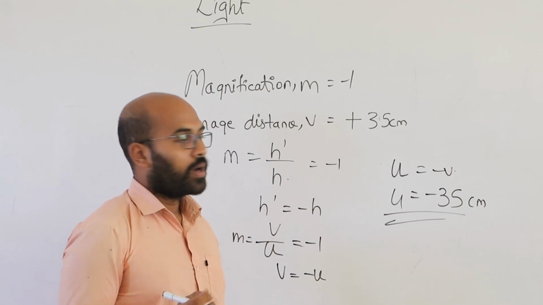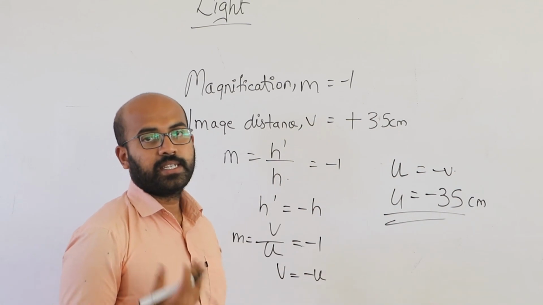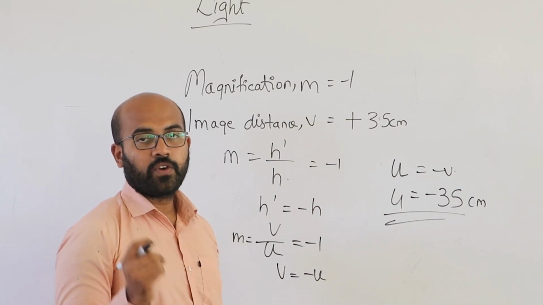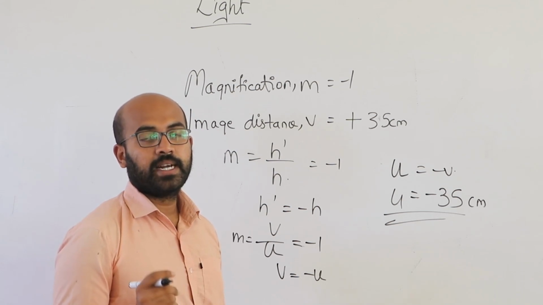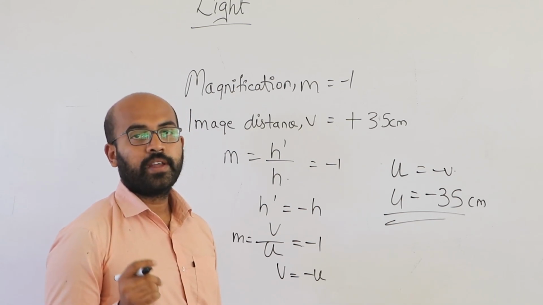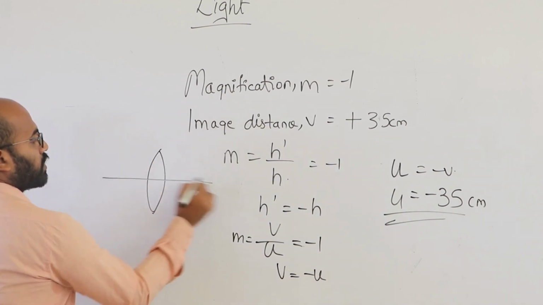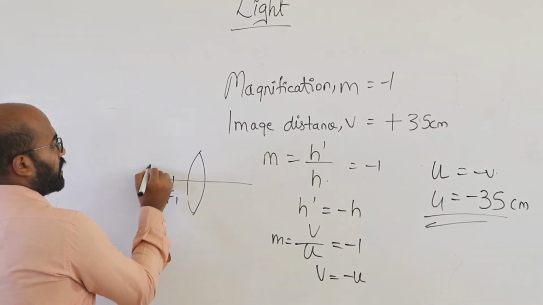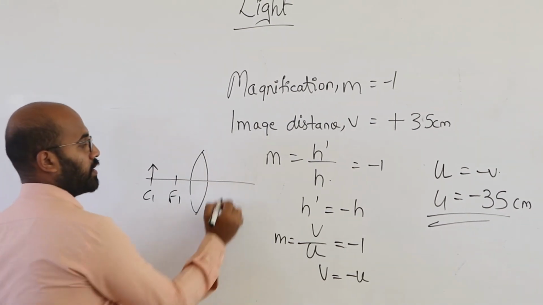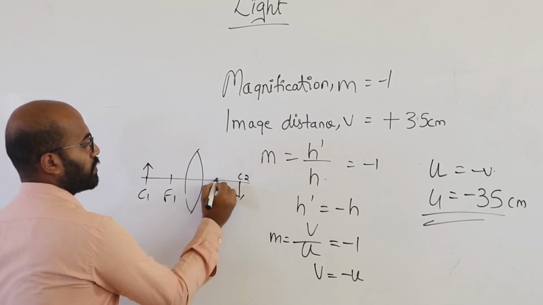When the object distance and image distance are the same, it is formed only when the object is placed at the center of curvature. So this is a convex lens, f1, c1. When I place the object at c1, the image will be formed at c2.